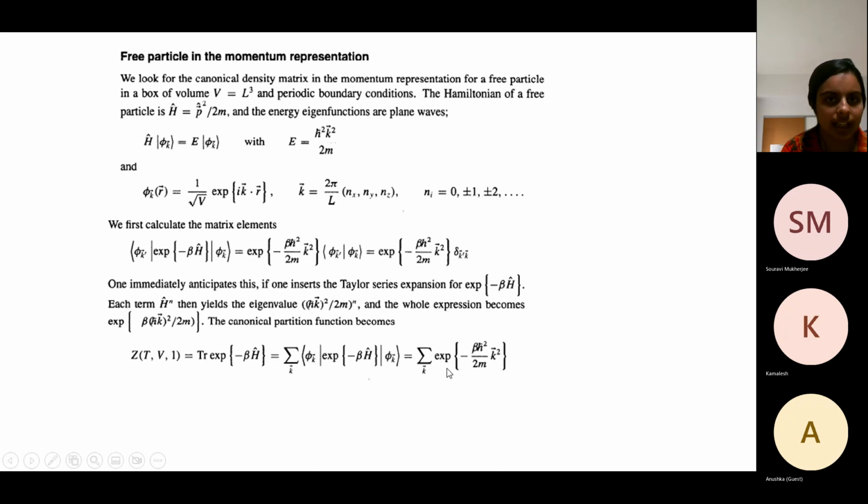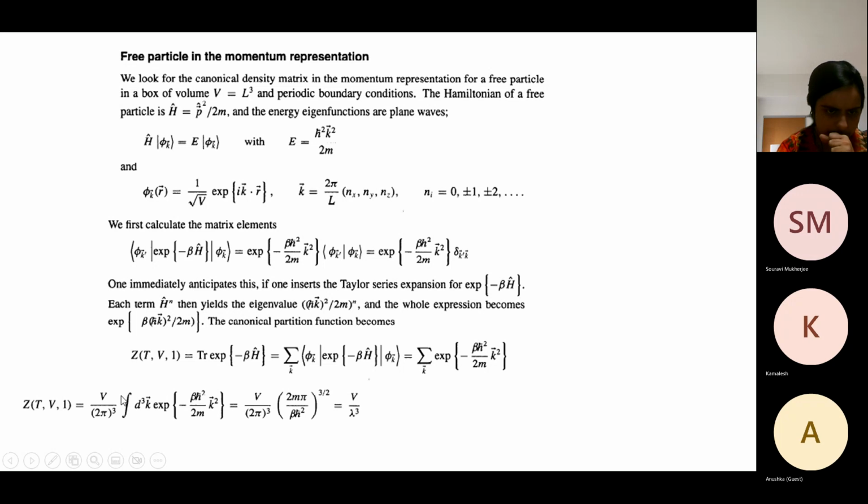Now, if you consider that your volume is quite large, where the energy levels are quite close to each other, we can consider k to be a continuous variable, and there we can change the summation to an integration. So V by (2 pi) whole cube comes because of the normalization.